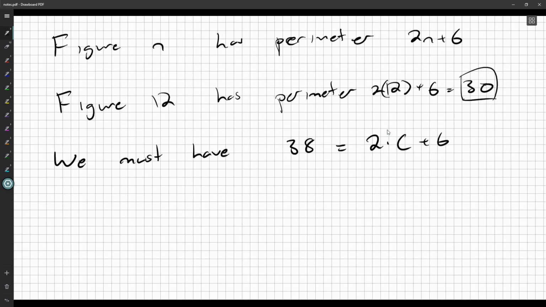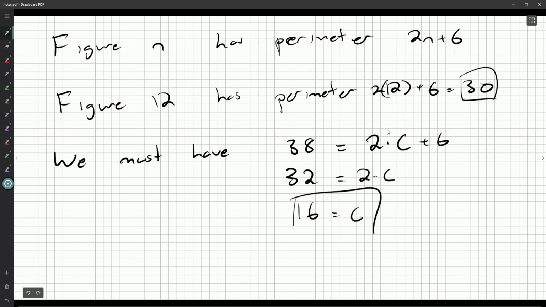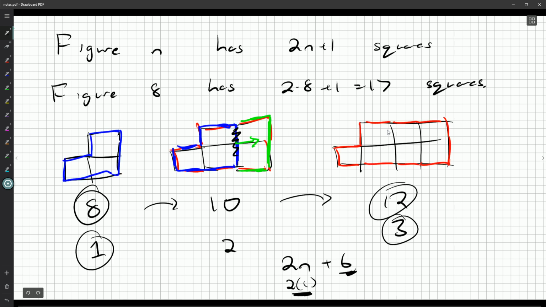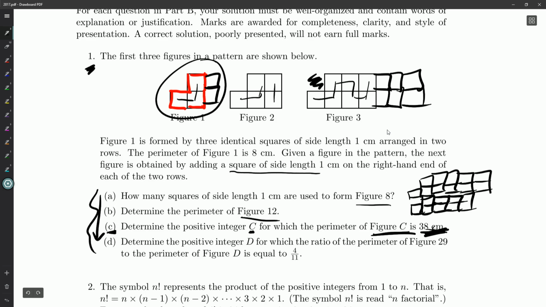That's why it's important to look for patterns, create general formulas, rather than just say, oh, well, I can draw. Okay, subtract 6 from both sides, divide by 2, c is 16. We don't really need any further comment. You can give a little therefore statement if you want. So figure 16 has perimeter 38. But as long as your work is clear and your formula was justified by earlier work, you're good to go. So it's figure 16.